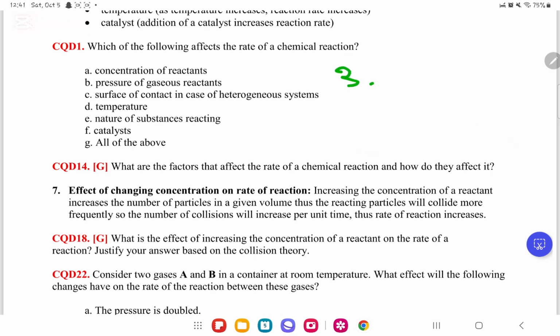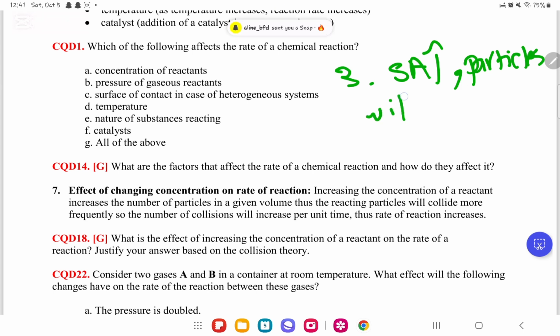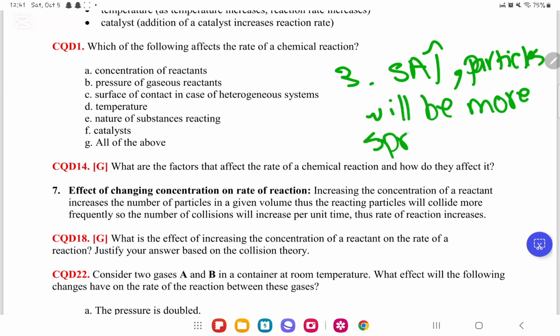Now we have number 3, which is the surface area. If we increase the surface area, this is only for the solids or heterogeneous systems. So if we increase the surface area, then the particles will be more spread out.